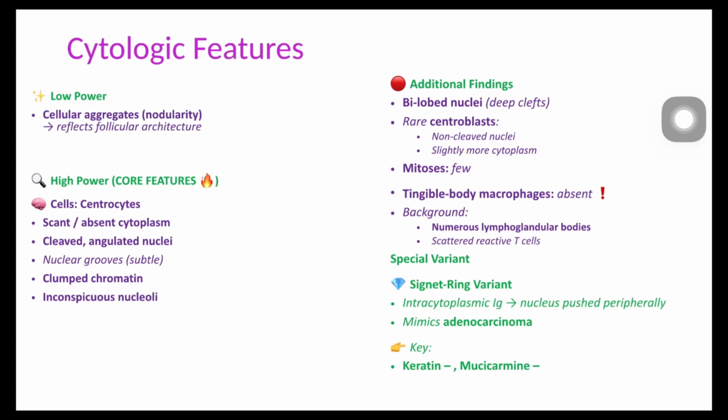Few mitoses. Classically, tingible body macrophages are absent, and in the background, numerous lymphoglandular bodies and scattered reactive T cells are seen. A special variant is the signet ring variant, where intracytoplasmic immunoglobulin pushes the nucleus to the periphery and it mimics adenocarcinoma. And classically, if we perform keratin and mucicarmine, it is negative.